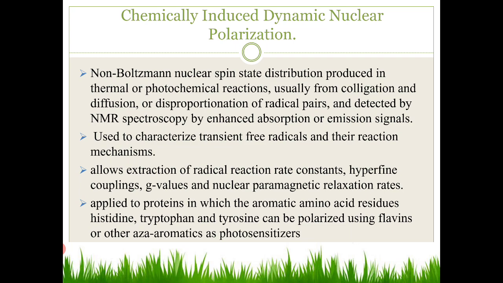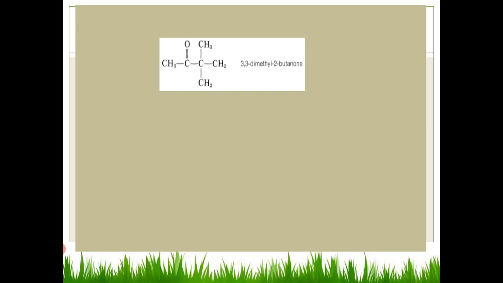So this aromatic moiety could be added an electron or removed an electron in drastic condition, that will generate an unpaired electron, so a free radical nature. So you can study about all this. That's what it means.